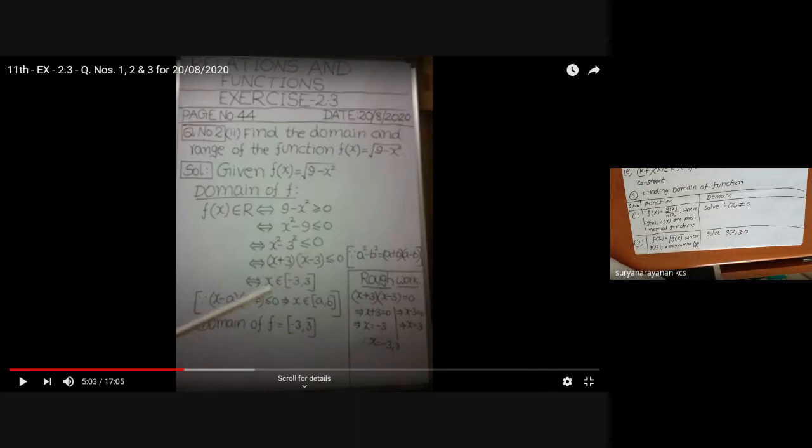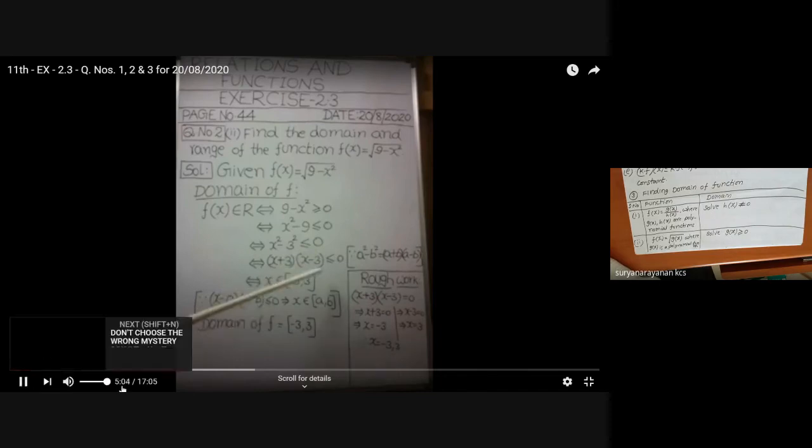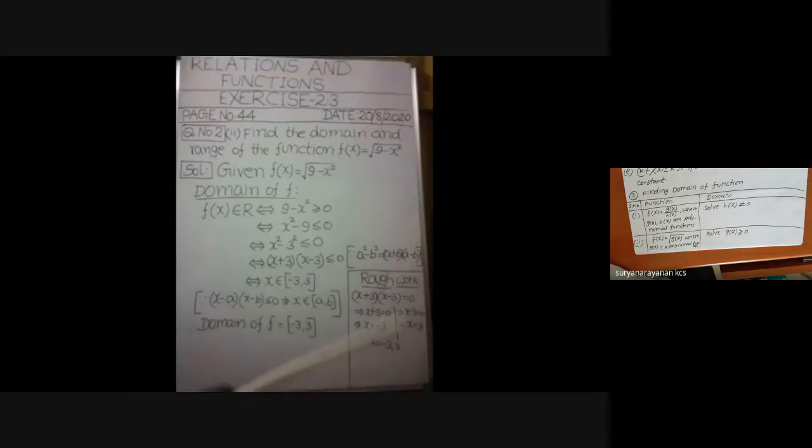Let us move to the next step. After that, I will ask you a question. Now come to this step. Here the values of x are minus 3, 3, and here we got less than or equal to 0. There is a property in the inequalities.